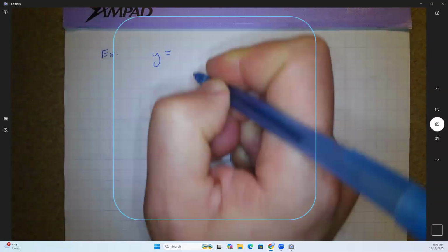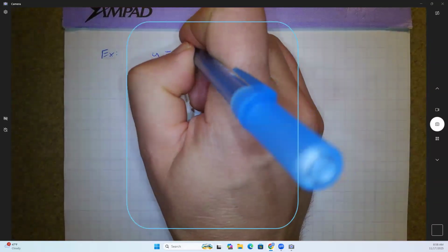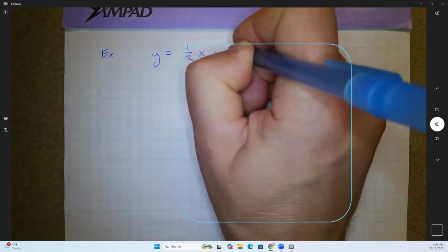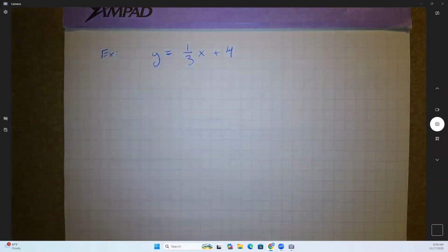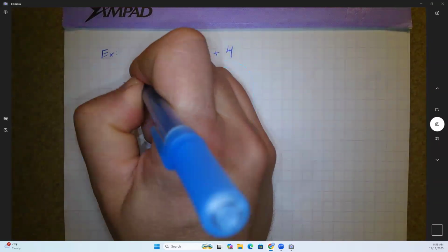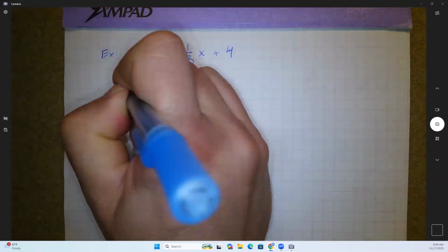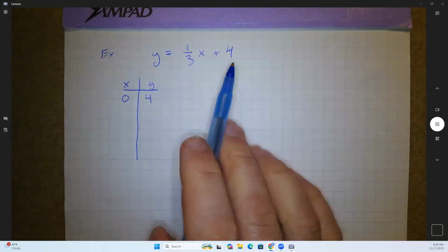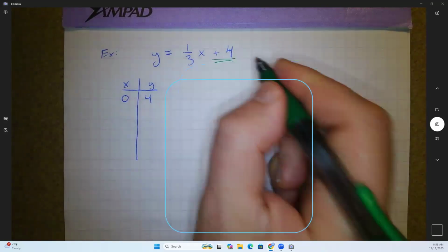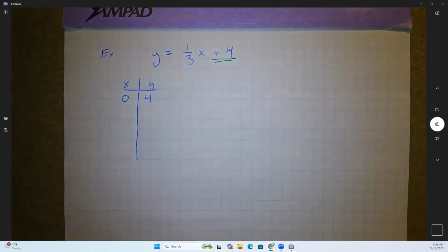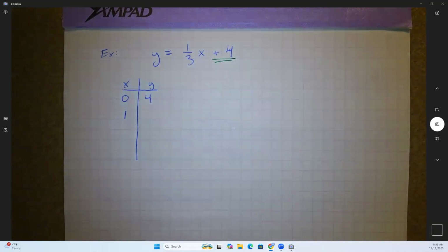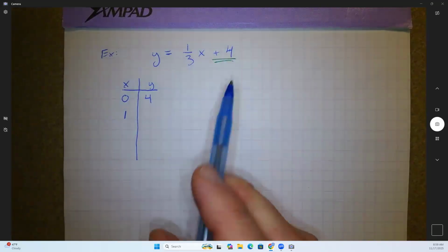Let's also write this in slope-intercept form. Y equals 1/3 x plus 4. So I'll build a table. Start at x equals 0. That must mean that y equals 4 because 4 is the y-intercept. Now, if x goes up by 1, that's 1/3 times 1 plus 4.